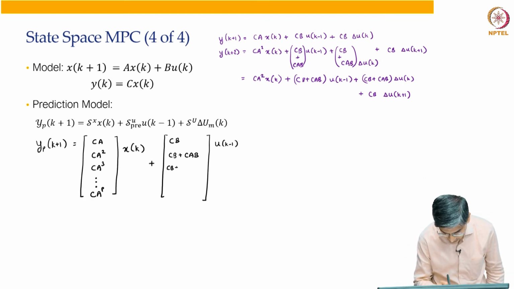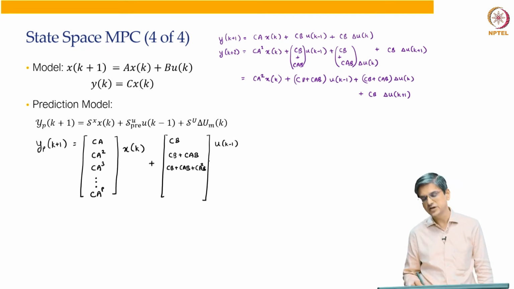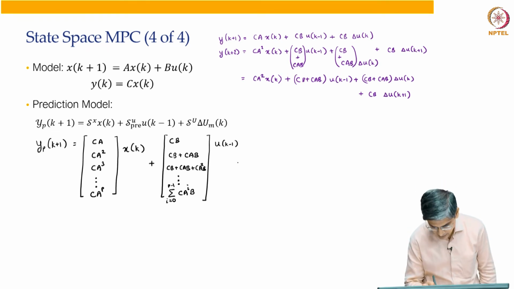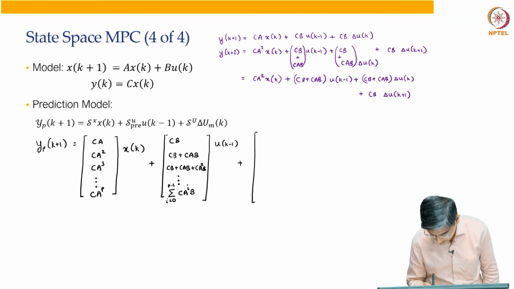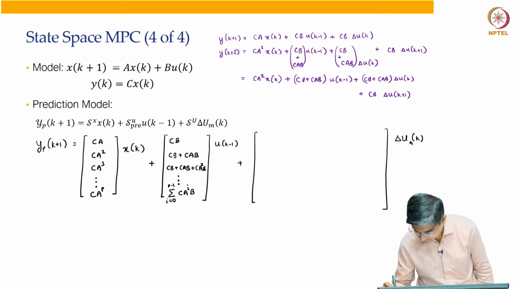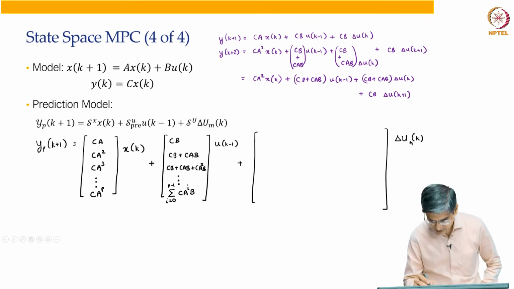Next we have Cb plus Cab plus Ca squared b multiplied by uk minus 1, and finally we have the summation i equal to 0 to p minus 1 of Ca to the power i b. Now plus we have this big bracket multiplied by delta u k plus m. Okay.